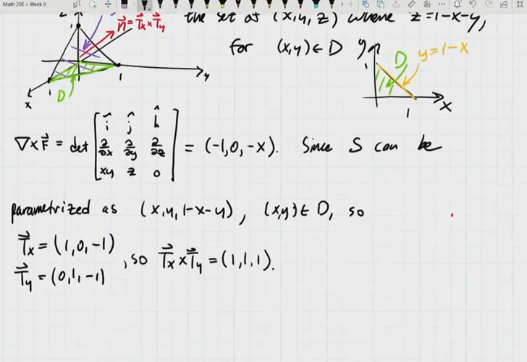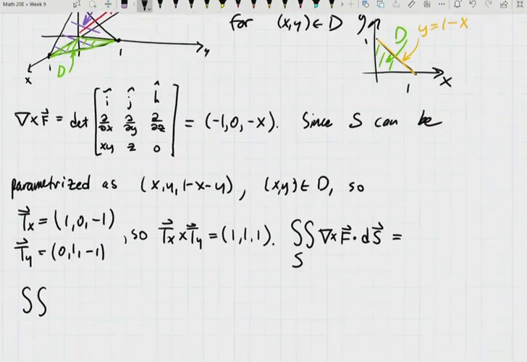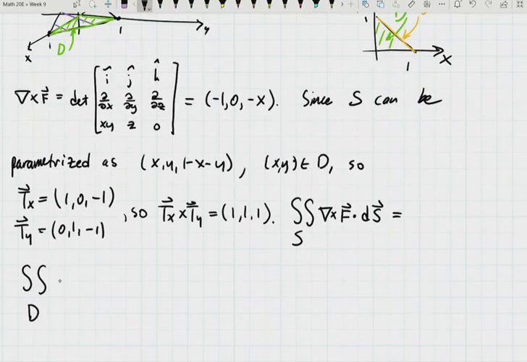Okay, so now let's start doing the integral. The integral over S of del cross F dotted with dS is the integral over D of (-1, 0, -x) dotted with (1, 1, 1).